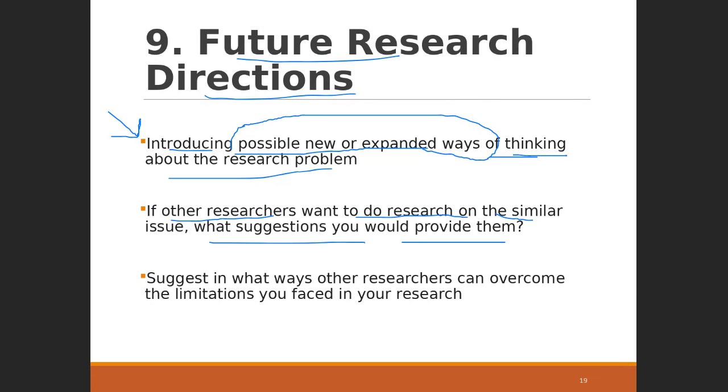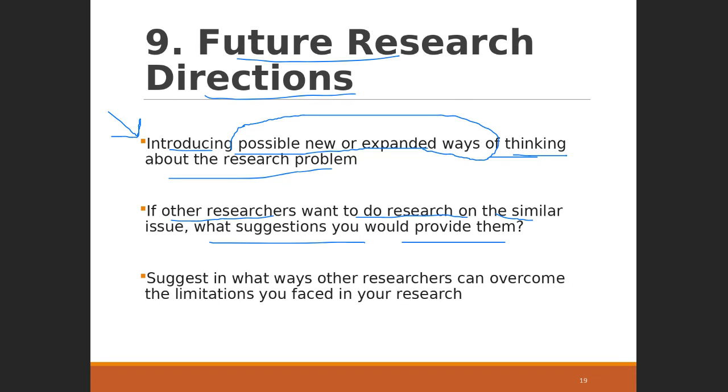So this is something which came to your mind when you were doing your research, but because you had already collected data, it was not possible for you to introduce a new variable at that point of time. So this is the point where you can suggest to other researchers that personality can also be one of the variables to study luxury consumption, because there are some personality traits which are more prone towards luxury consumption as compared to other personality traits.